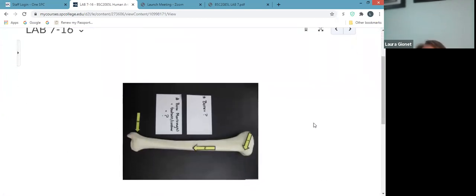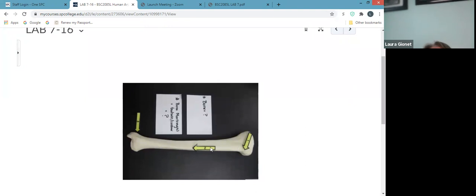Then we had the bones below the knee. I'm not sure why you couldn't get this rotated, but you're just going to have to look at it sideways. This is a tibia. The proximal end is where number 1 is. The distal end is number 3. At that proximal end, this big, large bump on the bone that number 1 is pointing to is the tibial tuberosity.